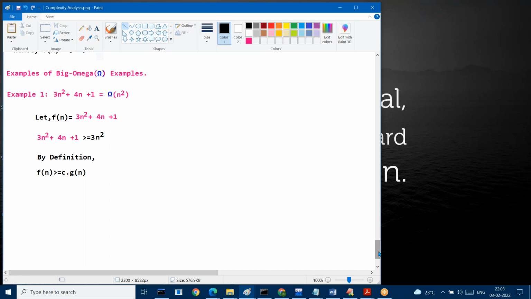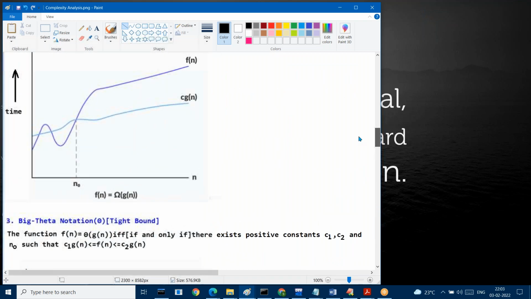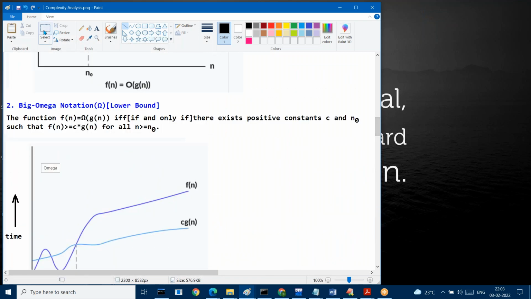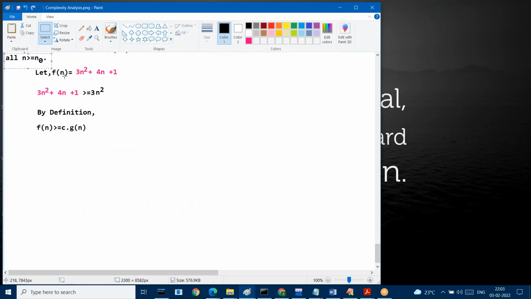That's the issue. So f(n) greater than or equal to c·g(n). Where is our definition? Yeah. f(n) greater than or equal to c·g(n). That dot I am using here, whatever I have given as star, I'm writing here as dot. Basically, both are multiplication. For all n greater than or equal to n0, then what are we going to call?